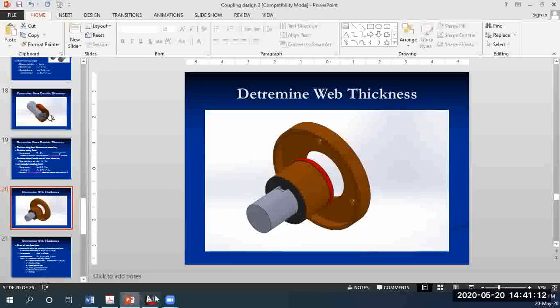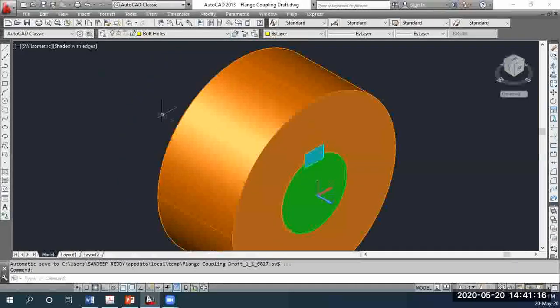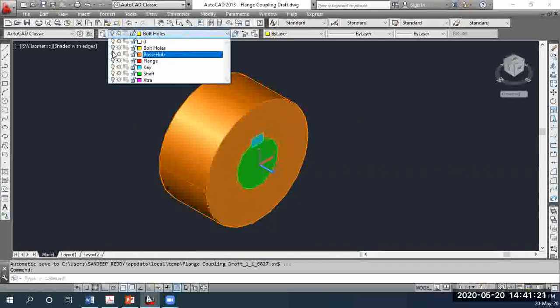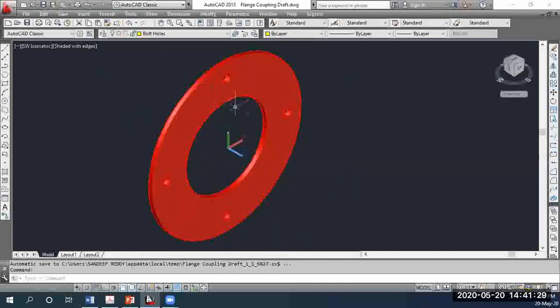If I open up my AutoCAD drawing, that is the hub. I'll just try to hide everything, and there is the web. The web is that part of the whole flange which contains the holes for the bolts.